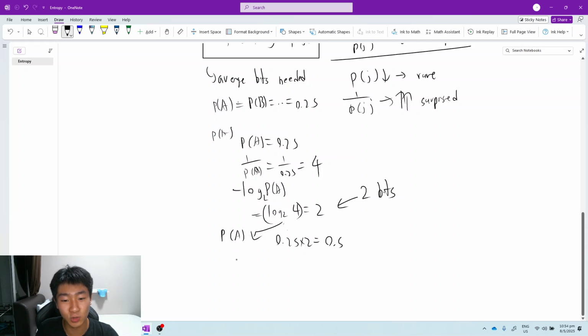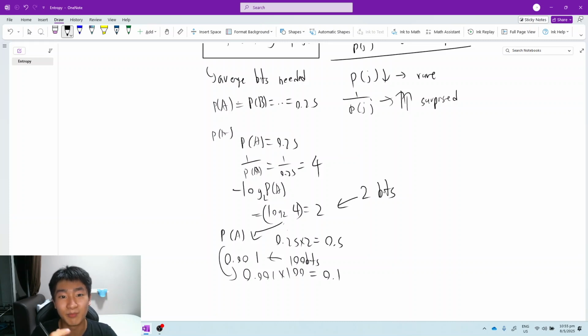So let's say a super rare outcome, let's say 0.001, maybe it might need like 100 bits, I don't know, I'm just saying random numbers. But since it's very rare, the average number of bits you need is less, and so it will be offset by the value. So 0.001 times 100 equals maybe 0.1. So yeah, the point of the first probability is to account for how common it is, and the second half is how surprising it is when it comes out.